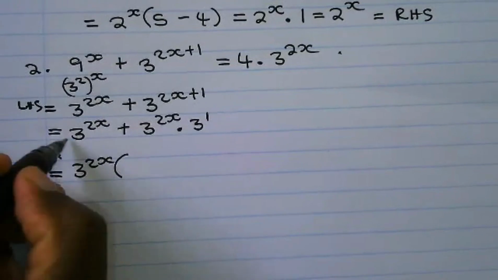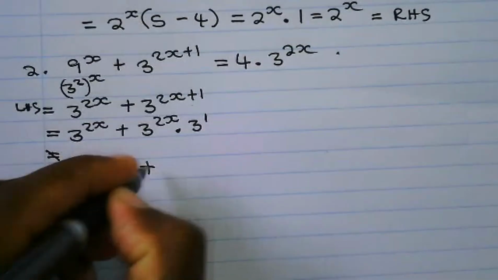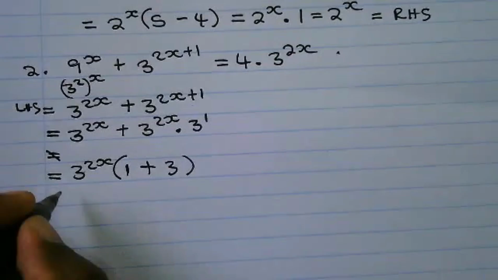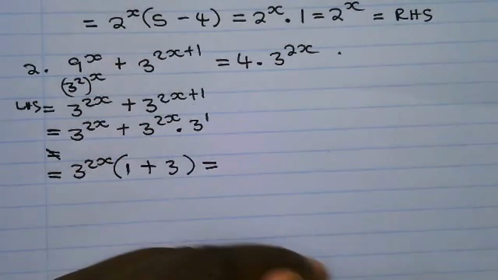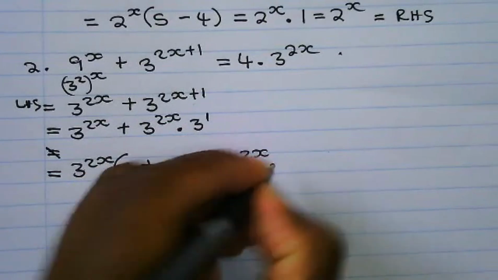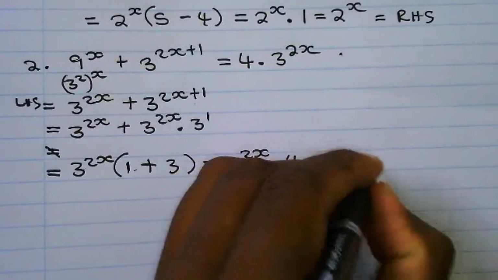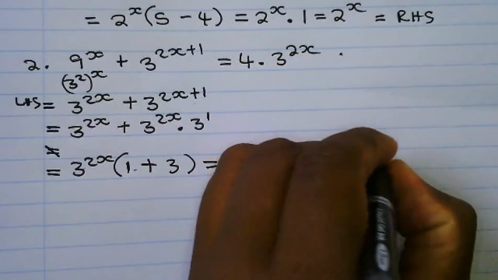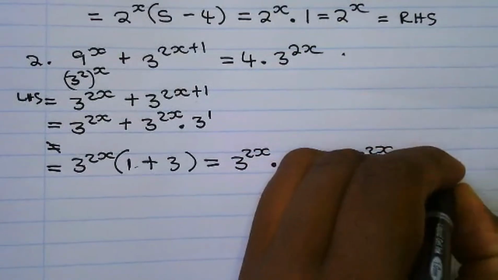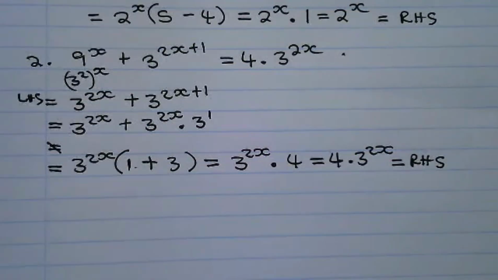Inside, this is multiplied by a 1 here, like a coefficient, so we're left with 1 plus, when we factor out this, we are left with 3, and this is equal to 3 raised to 2x. This gives us 4, which we can write as 4 times 3 raised to 2x, which is equal to our right hand side. That's what we were required to show there.